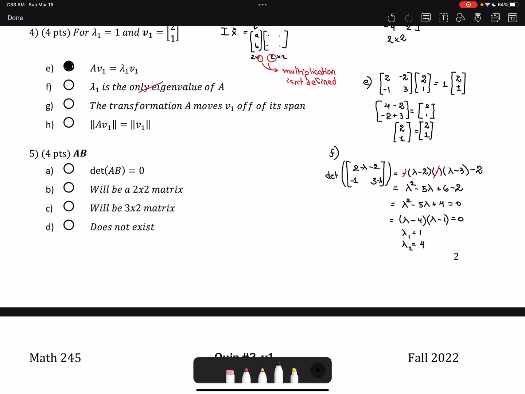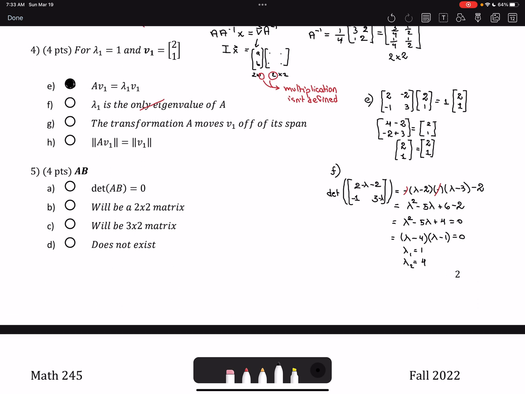Let's look now at the transformation A moves V1 off of its span. So where is F? Oh, sorry. This is off of its span. Okay. Well, the transformation A actually only makes V a scalar multiple of what it originally was.